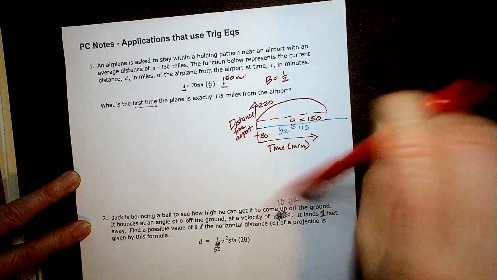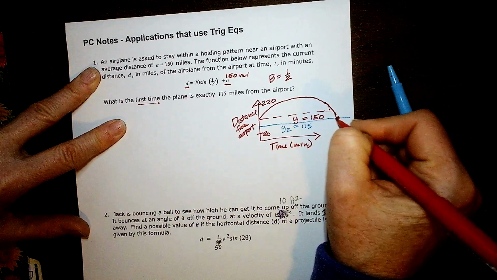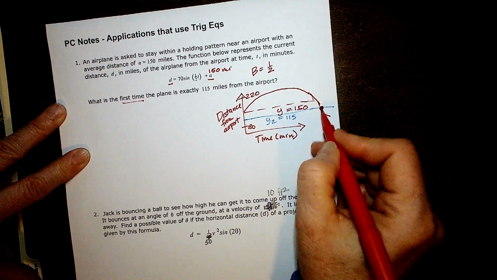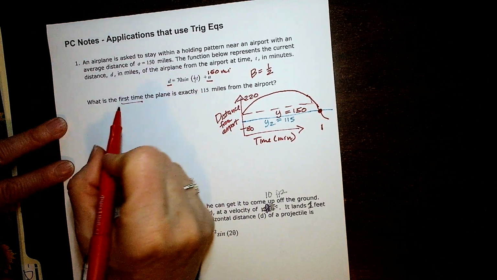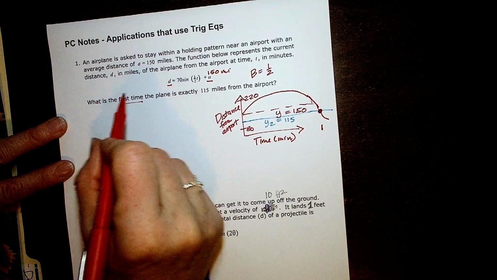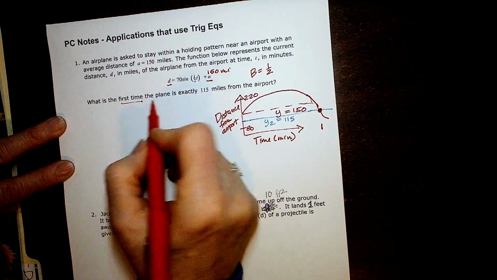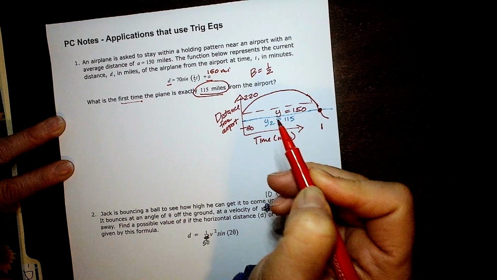Now this graph is going to come down and cross that here. So when on the x-axis is the first time that happens? All right, let's solve this problem manually. What is the first time when the plane is exactly 115 miles from the airport?